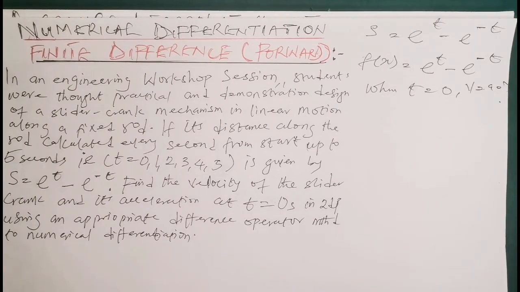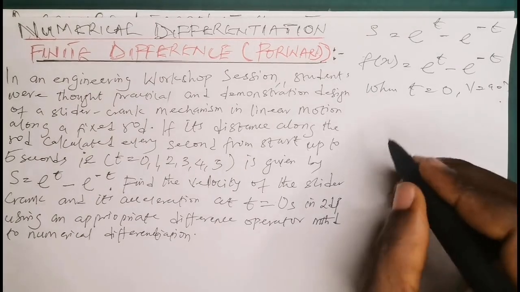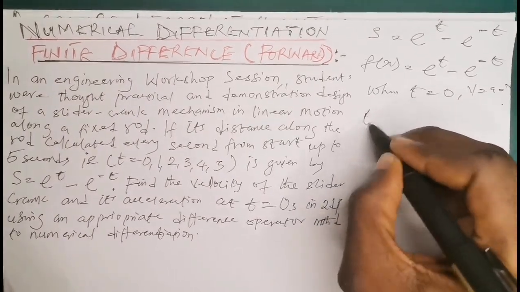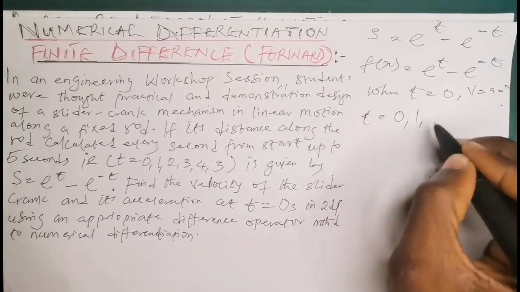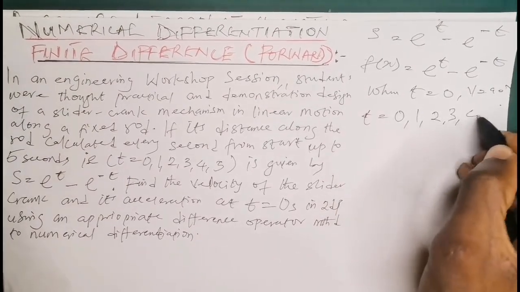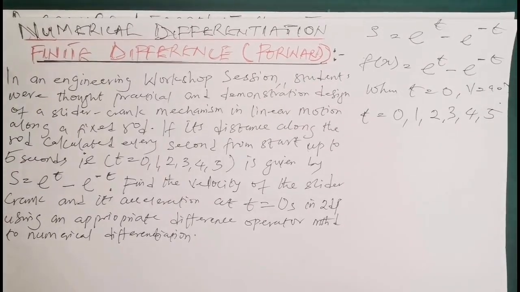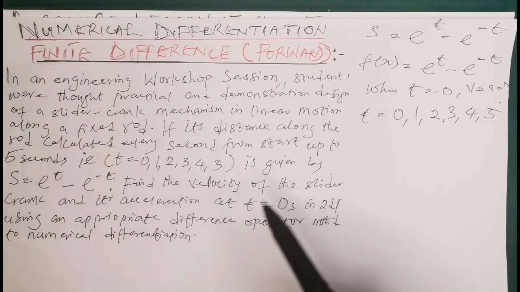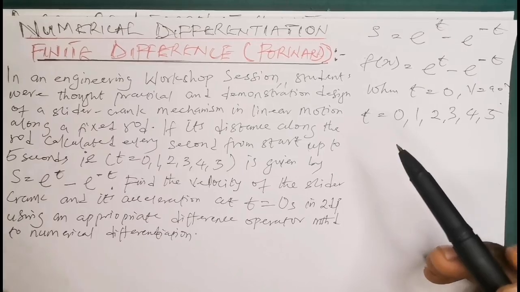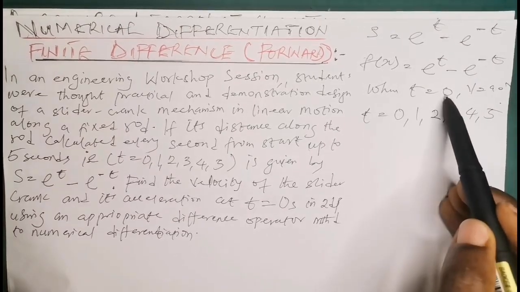Now, we are given the range of time. So the time given to us is 0, 1, 2, 3, 4, and 5. These are the appropriate times given to us. Now, we are being told to find the value of the velocity and acceleration when t is equal to 0.